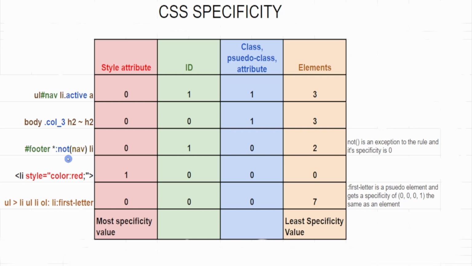The not pseudo class just inverts whatever it is. So instead of selecting the nav, it's everything but the nav. So this means everything but the nav, and then the list item. So you have one ID, a nav and an li.